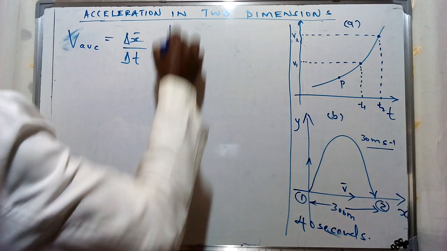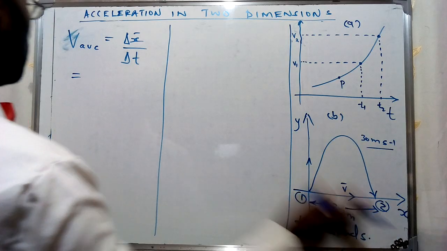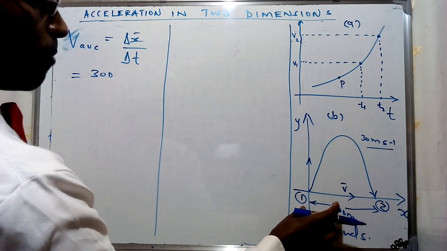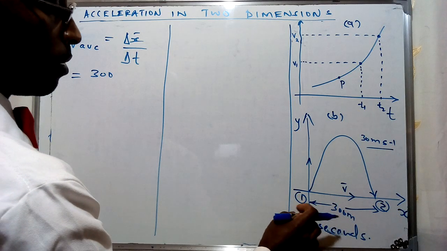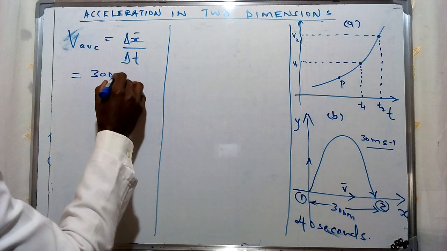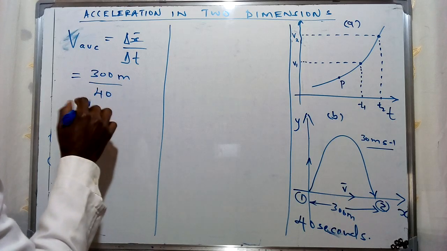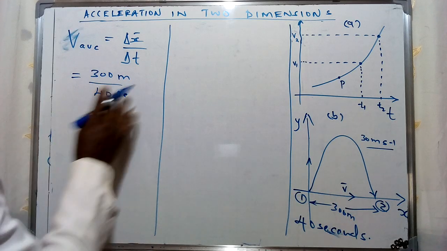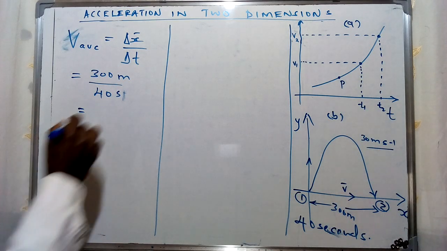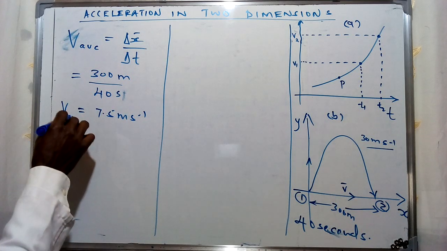So in this case, if we look at this specific displacement, we're going to see that a displacement is basically going to be a total distance from 1 to 2 along the x-axis, which is going to be a displacement of 300 meters, and then we're going to have this one taking, of course, 40 seconds. So we're going to have that one given as that, and this is going to be giving us a value of 7.5 meters per second as our velocity average.